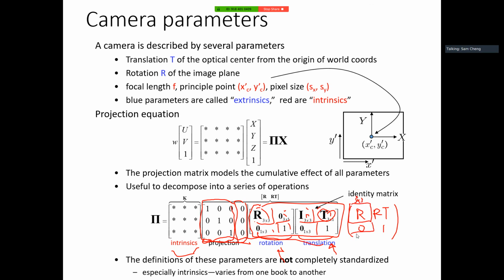This is 1 by 3 here. This is a 3 by 1 here. This is 1 by 1 here. So I can do this block multiplication if I make sure each of these blocks can actually multiply, in the sense that the dimensions should fit.